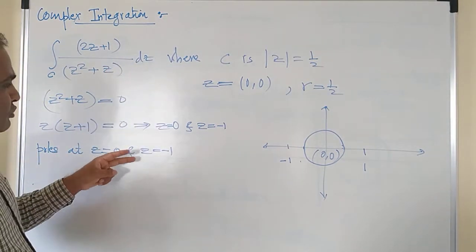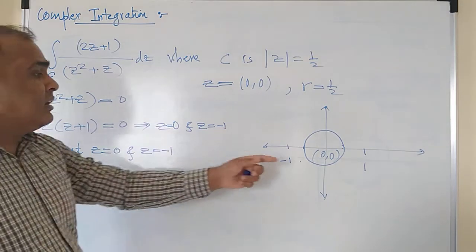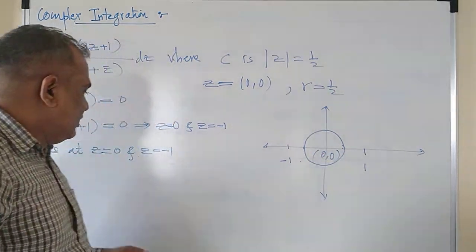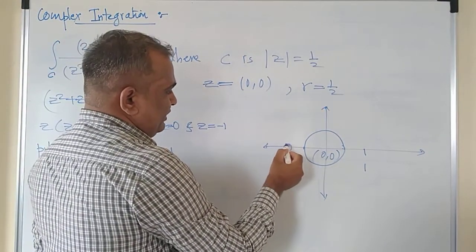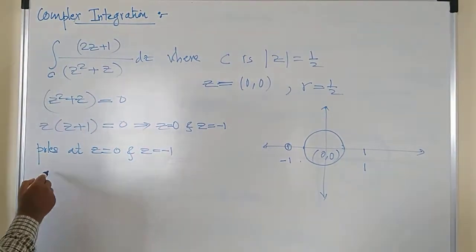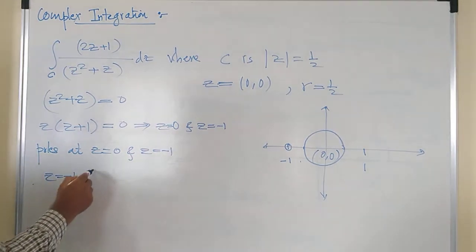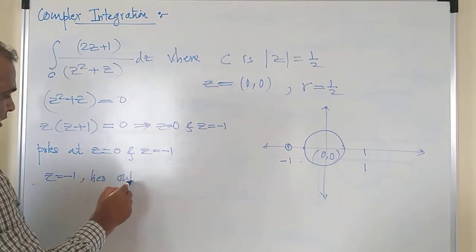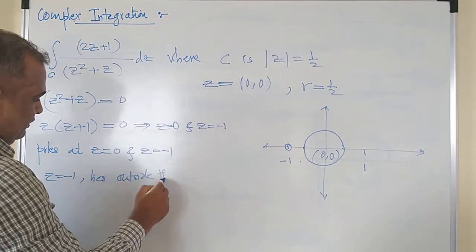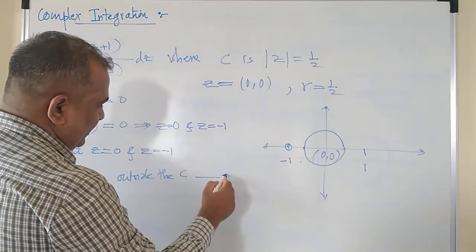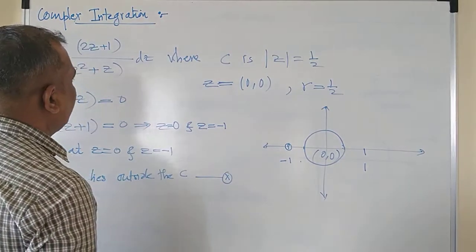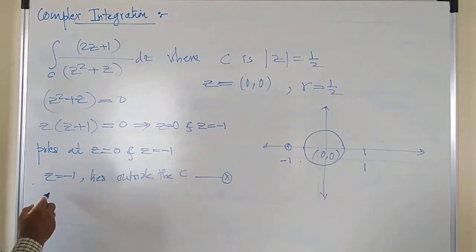Now out of these 2 points, which are inside the contour and which lie outside the contour? Now z equals minus 1 is here, right? That means this lies outside. I will write here z equals minus 1 lies outside the contour C, and therefore for this particular point you need not solve the integral, right?